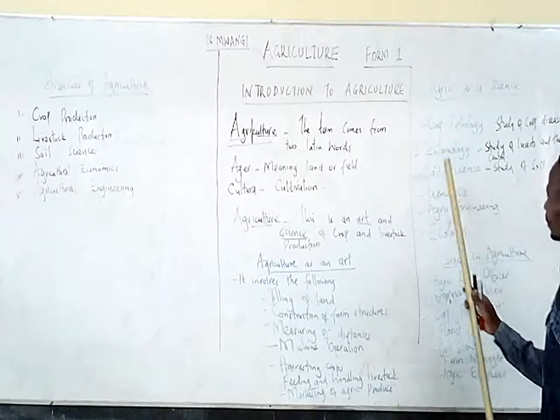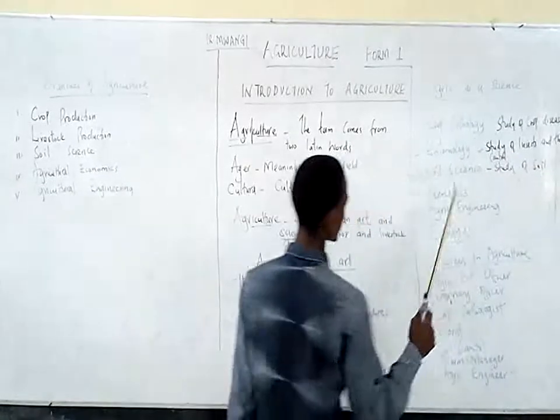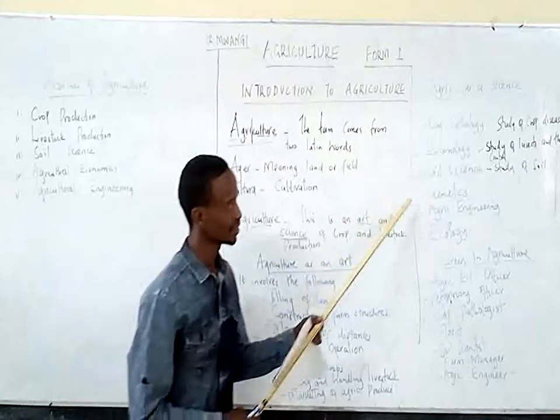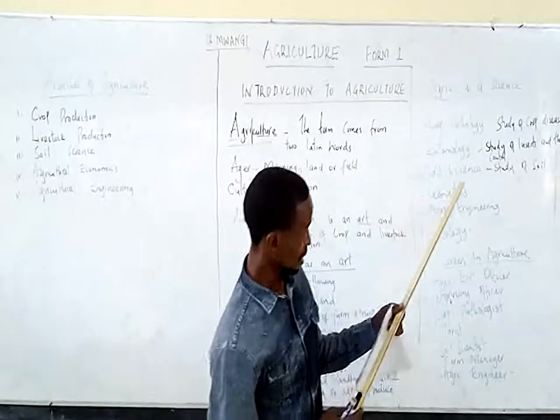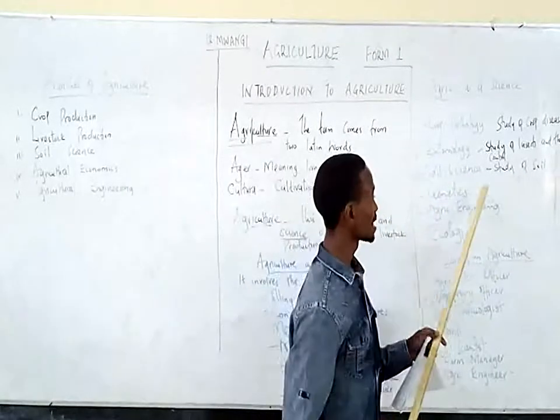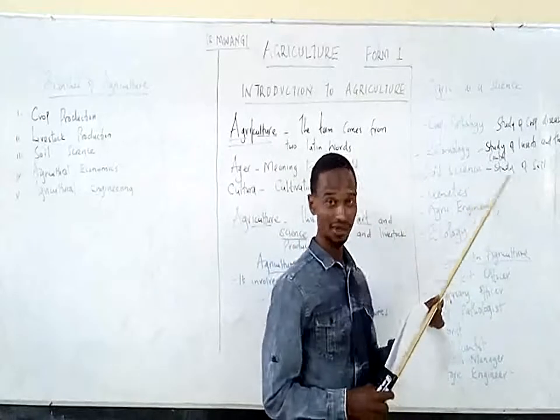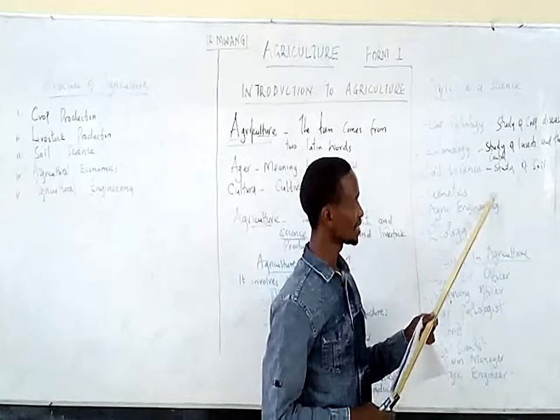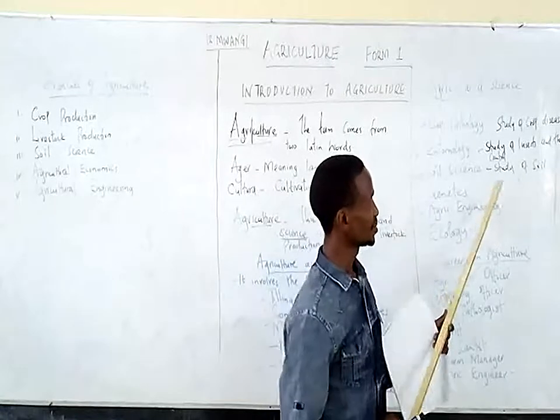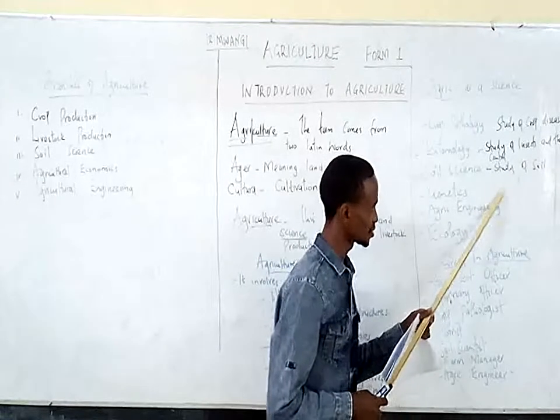You'll find that we have examples of soils. We have the clay soils. We also have loam soils and sandy soils. There are some crops which will do well in clay soils, while others will do well in sandy soils, and others will do well in loamy soils.